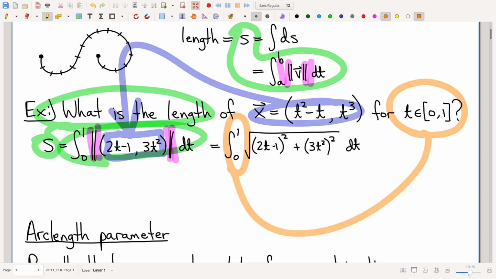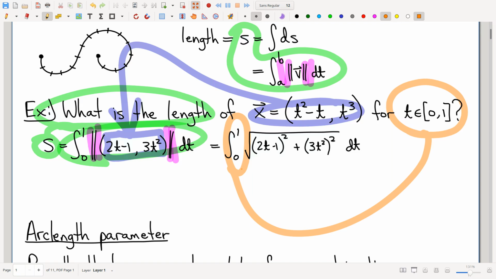Side note, this particular integral is not a friendly integral, and we're not going to worry about how to actually compute it. Sadly, very often this happens: when you want to compute the length of a parametric curve, you end up with an intractable integral.